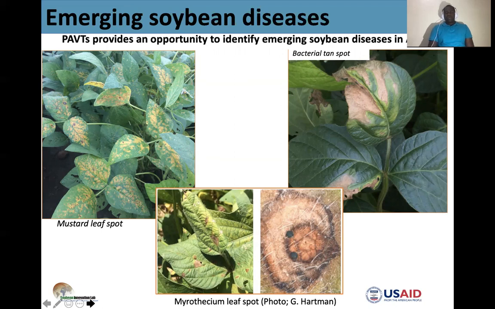Rhodesium leaf spot is another disease that was observed in Ghana in 2018. The distribution is not yet known, and we also do not know the impact on soybean yield. So these and other diseases are emerging, and we need to do more research to see what impact they have on soybean and also their distribution.